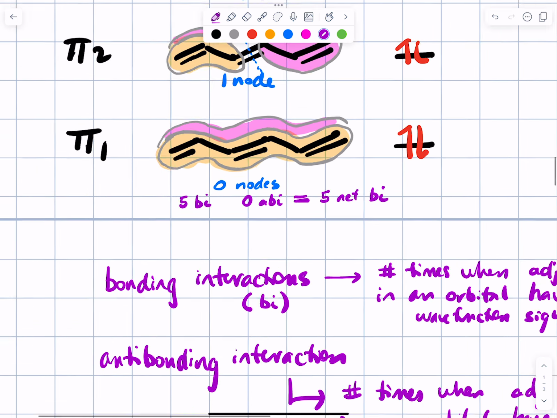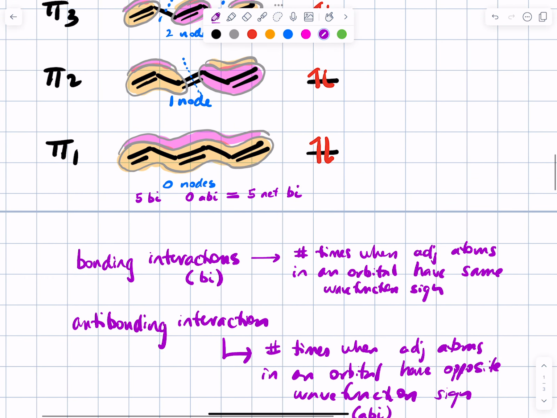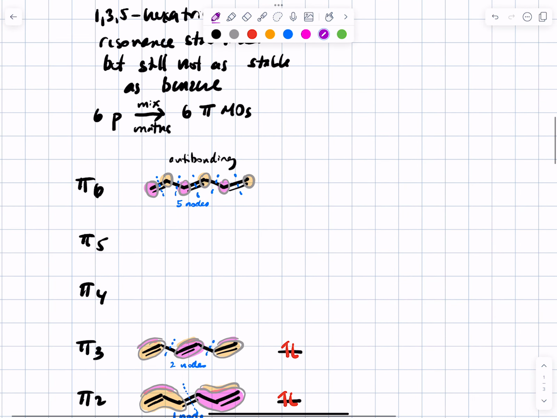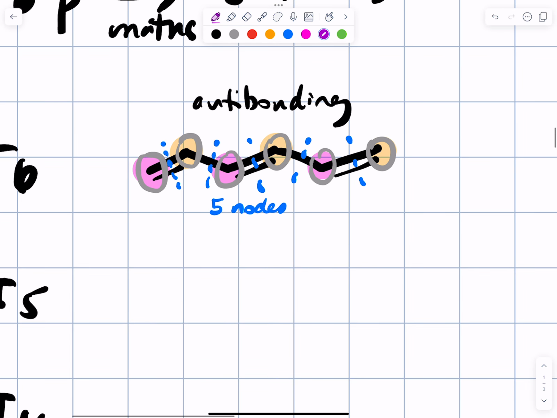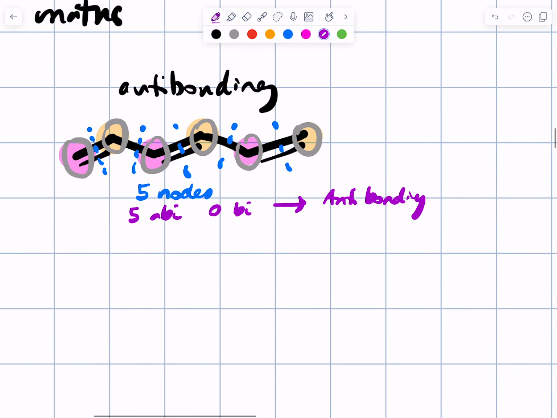Therefore, we would conclude that pi1 is indeed a bonding orbital. You could say for pi6 that there are 5 anti-bonding interactions and 0 bonding interactions. So you would conclude that pi6 is an anti-bonding orbital.